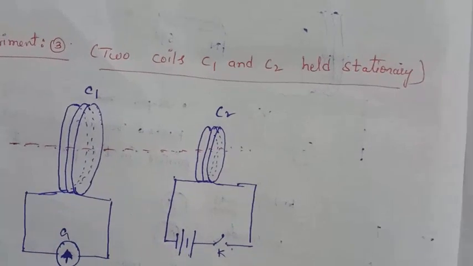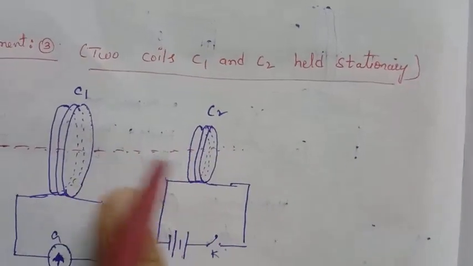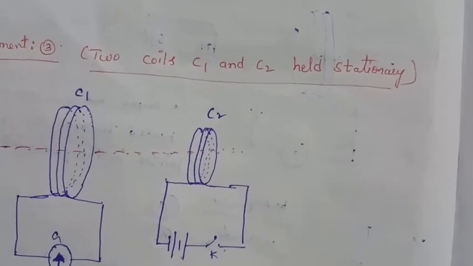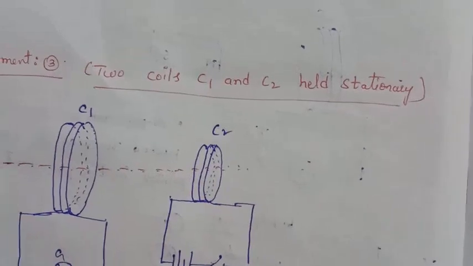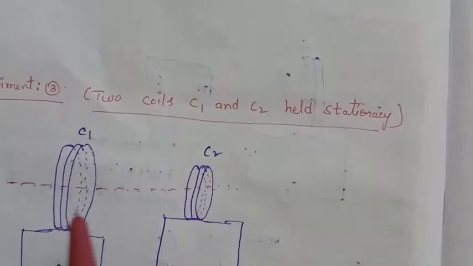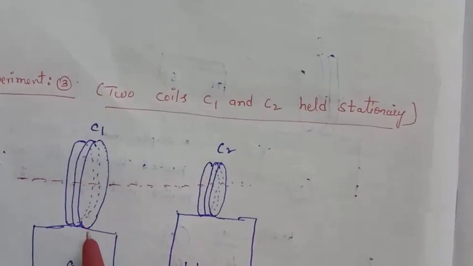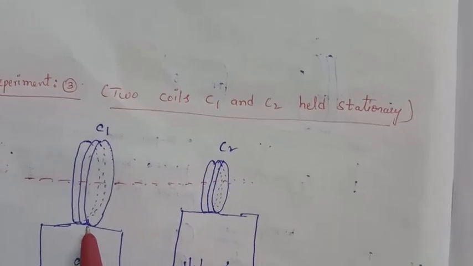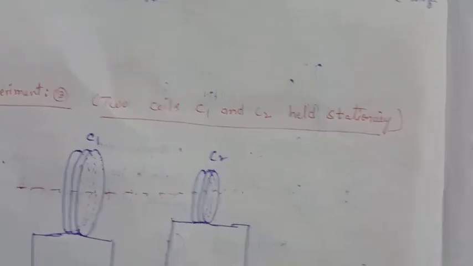Why? Because when pressing continuously, a constant number of magnetic lines of force passes. If pressed and released, it gives a momentary deflection. So finally, we conclude that when you change the magnetic flux through the coil, there is an induced current or EMF that is noticed by the galvanometer.